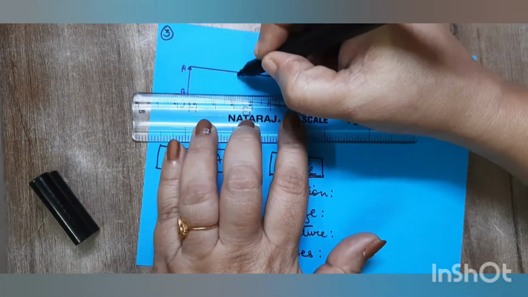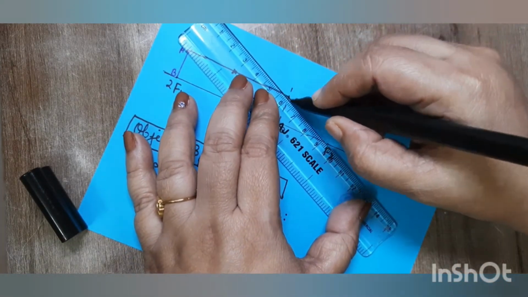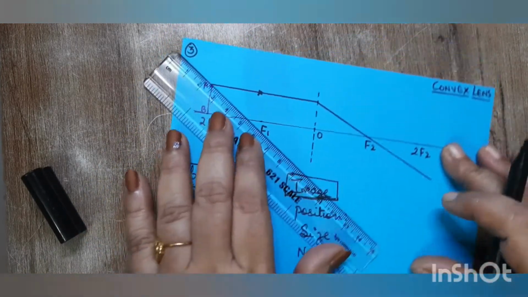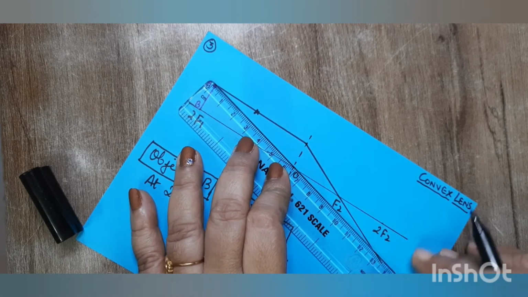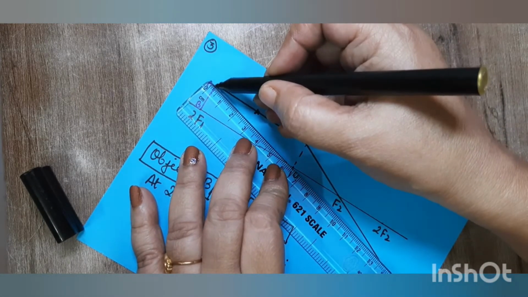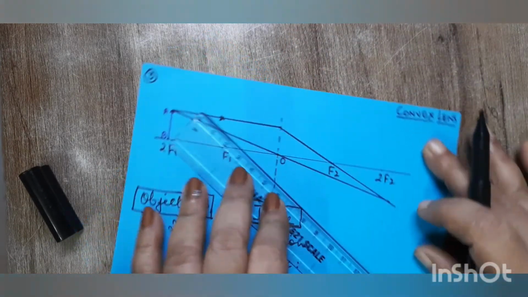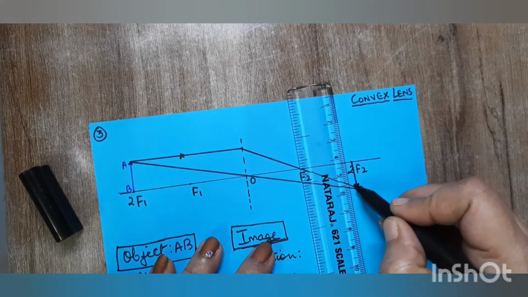So first draw parallel, same thing. Then it passes through the focus. One more ray: it will pass through the optic center undeviated. So we get here at 2F2.